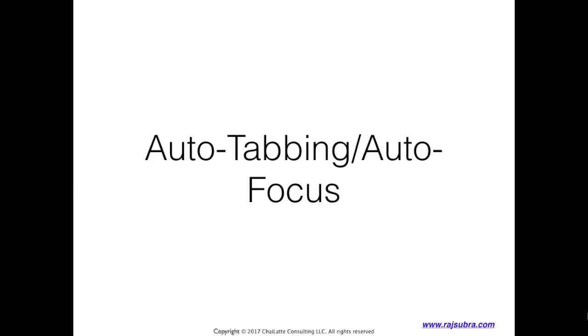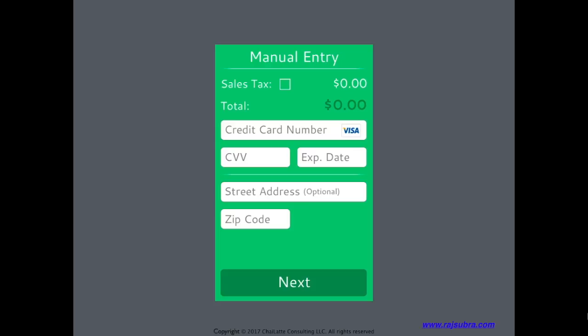Finally, auto tabbing, auto focus. This is the simplest feature, which could be so annoying if your mobile application does not have it. Say, for example, you're entering your credit card information on a mobile application once you make a purchase or buy tickets, etc. And you enter your credit card number.